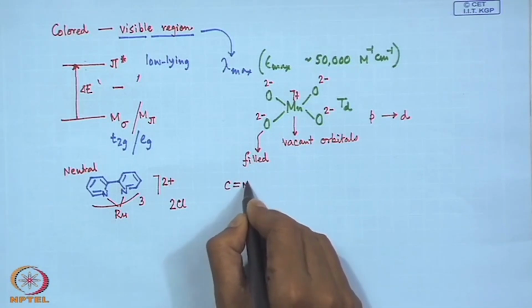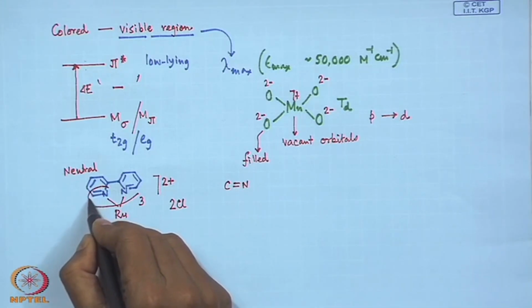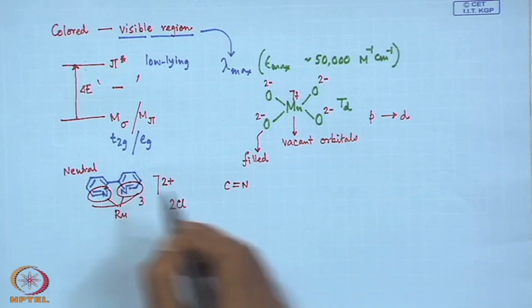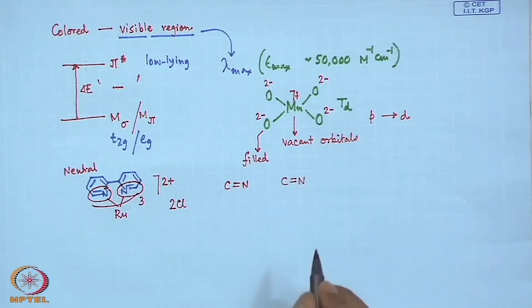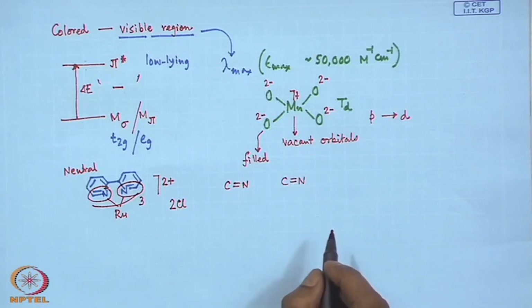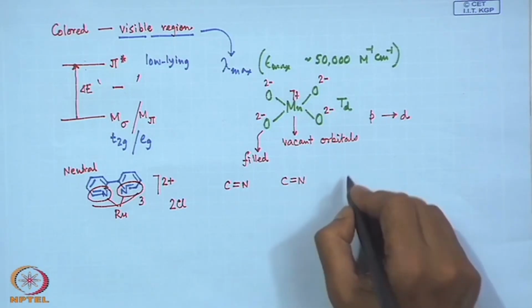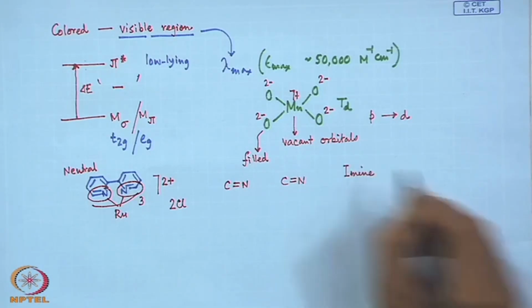So, we have C double bond N here, particularly if we just focus our attention on this. Similarly, we have another C double bond N. So, the 6 such C double bond N bonds are present, also present in such imine bonds.